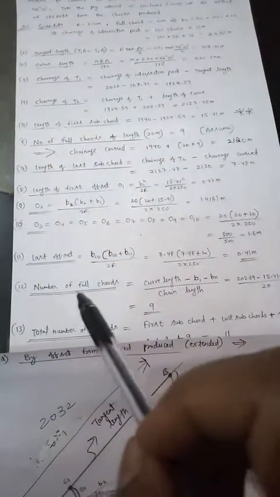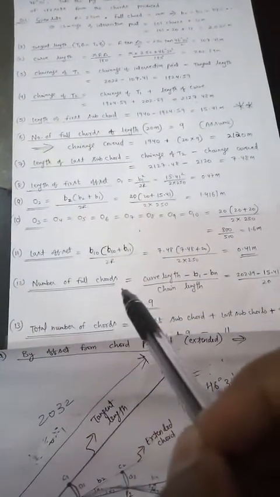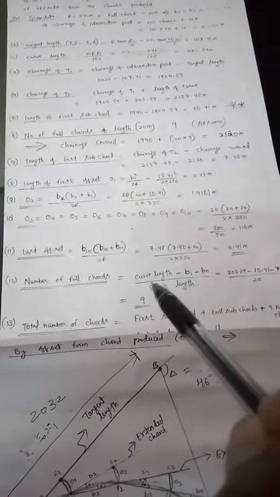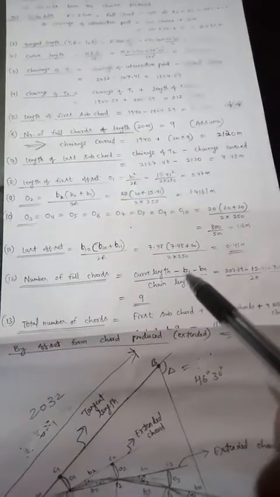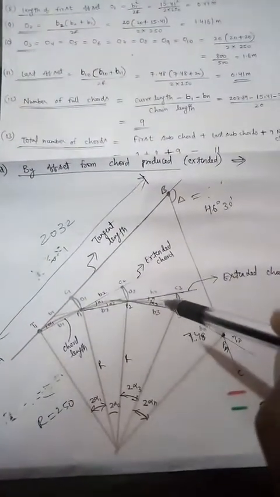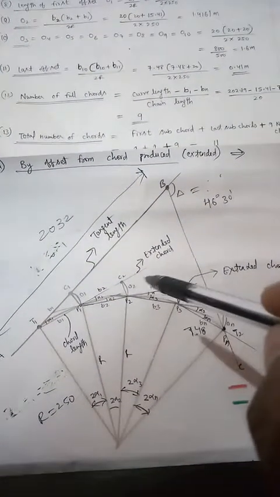So the number of full chords equals the curve length minus B1 minus Bn, divided by the chain length. Here the number of full chords means the number of intermediate subchords or normal chords.